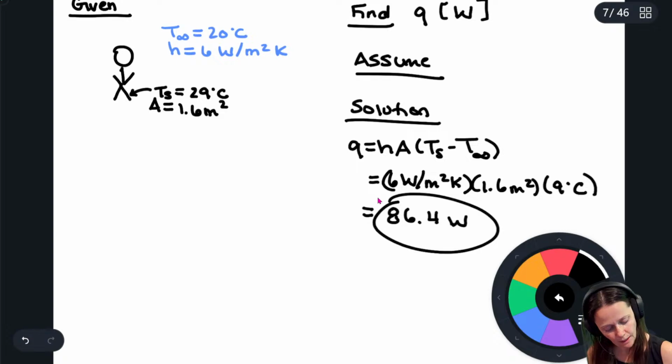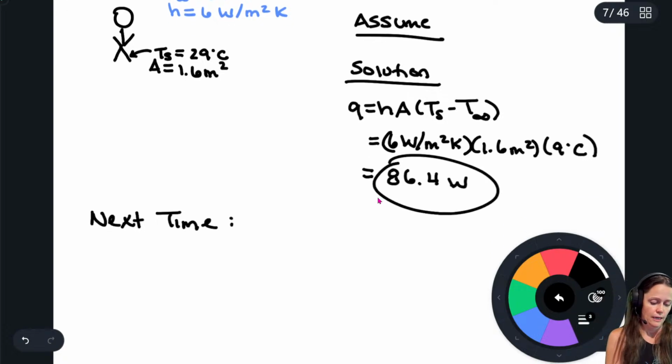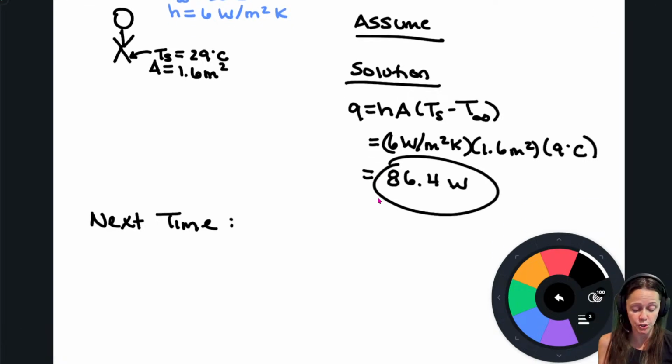So next time, if you haven't done the readings, go ahead and do those readings. Why not? Do yourself a solid. Yes, it's a dry textbook, but maybe it'll complement what we've done in class.